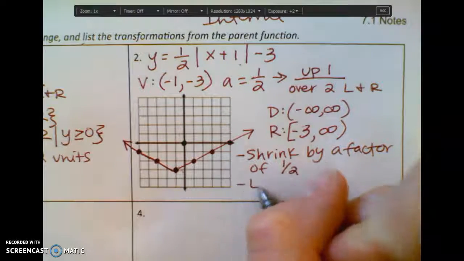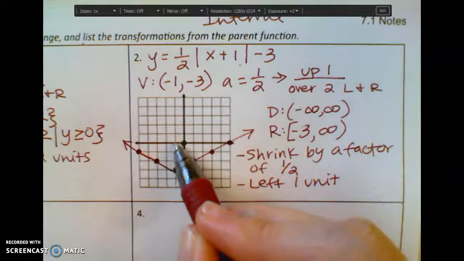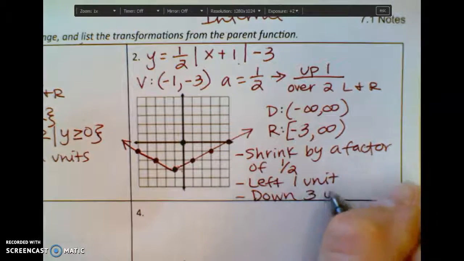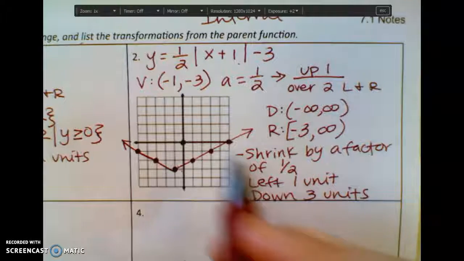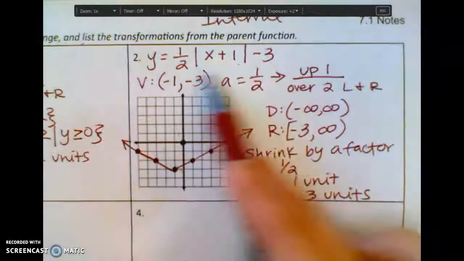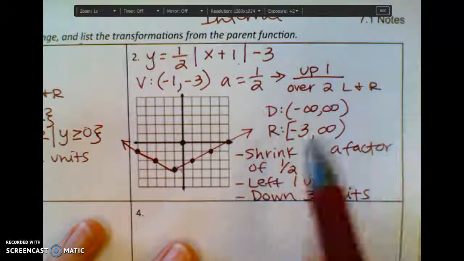And what else happened? Did we go up? Nope, we went down 3 units. So we went left 1, we went down 3. And these are all things we should be able to tell just from the function as well, which we'll do at the bottom.